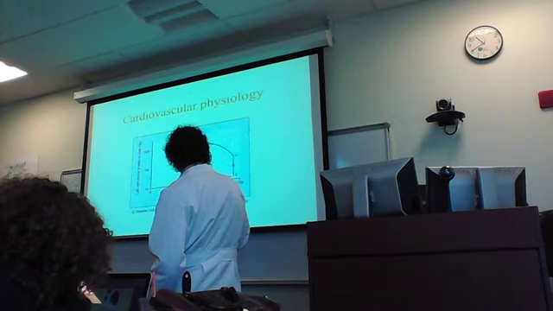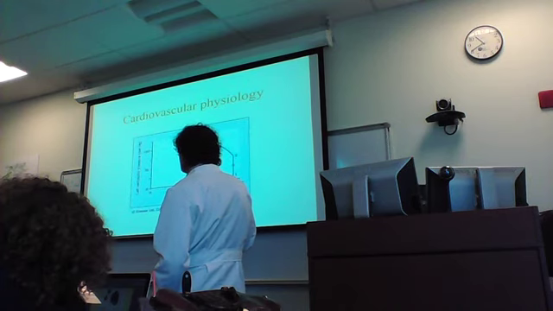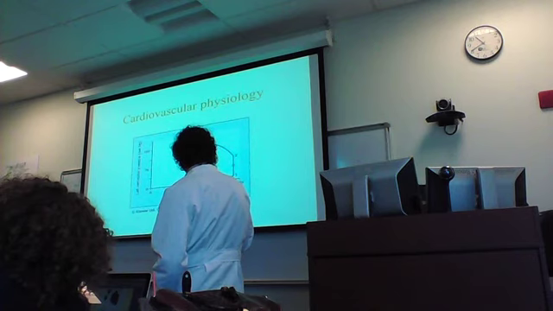So as the PR interval gets longer, the PR interval is going to be reflected by the time between activation of the atria, which is going to take place here, because this is the passive filling of the ventricle.